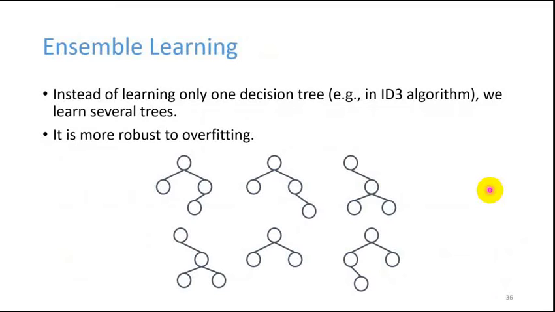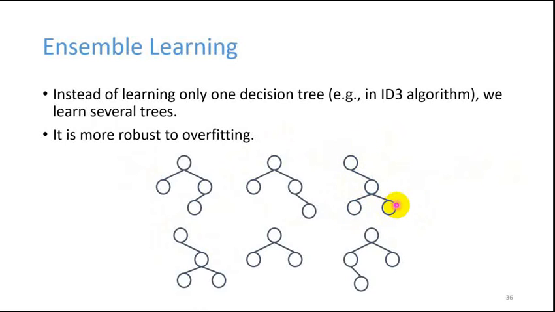So in ensemble learning, instead of one decision tree, we learn several decision trees, and the number of these decision trees can be identified by the user. And these decision trees should not be perfect decision trees.